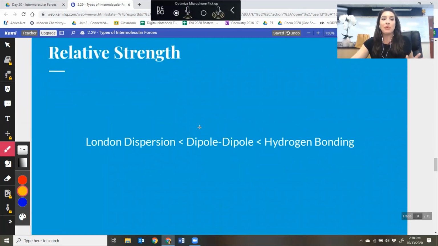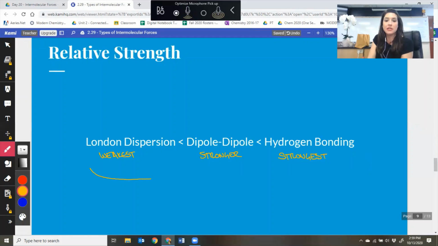So let's recap relative strength. How strong are these intermolecular attractions when you compare them to one another? Well, London dispersion is your weakest. Dipole-dipole forces are stronger. And hydrogen bonding is the strongest type of intermolecular force.